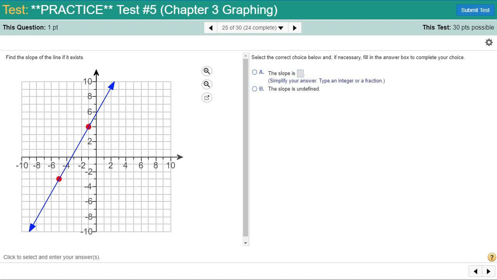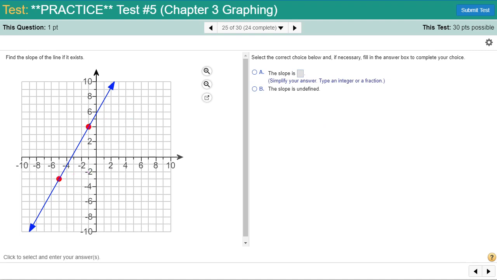You can identify this point as (-5, -3), and you can identify this point up here as (-1, 4), and then use the slope formula m equals y2 minus y1 over x2 minus x1 once you've labeled your points. You can absolutely do that.